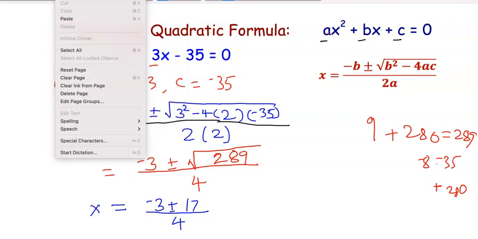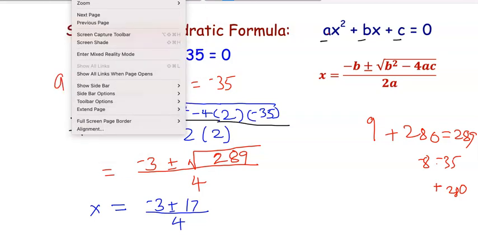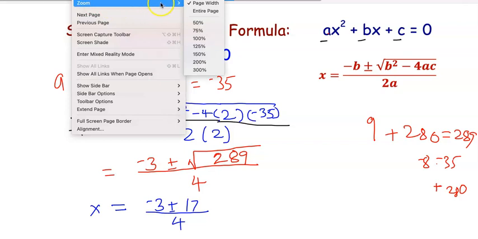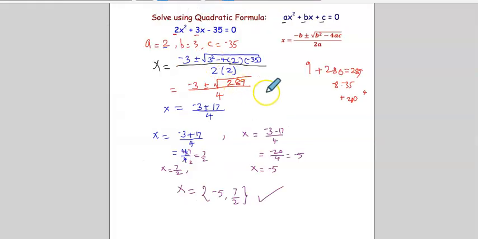Okay, let me go back and show it again. So this is the given quadratic equation 2x square plus 3x minus 35. Identified the values of a, b and c, substituted in this formula and simplified.